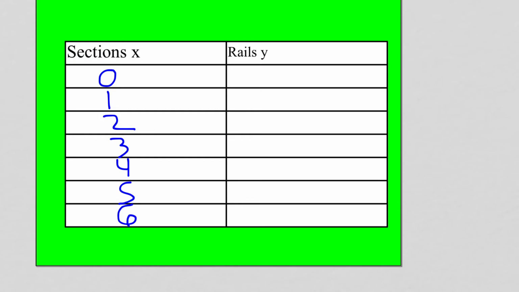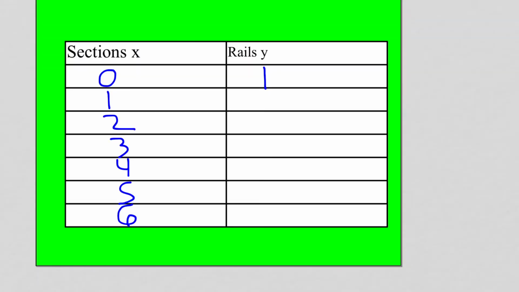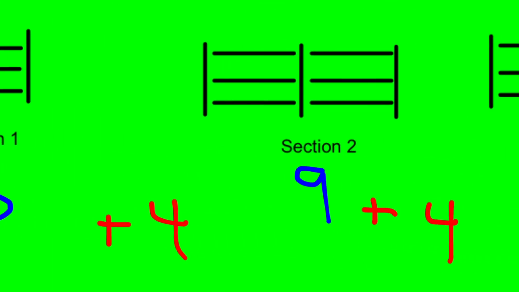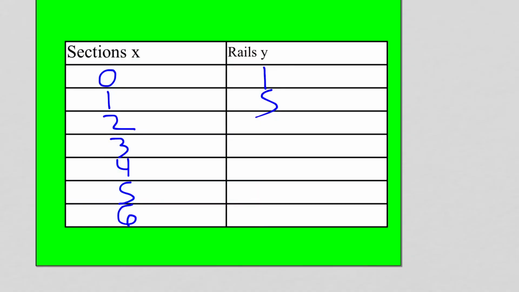So when there were 0 sections, there was actually one post. Then when you completed one section, there was a total of 5 posts. And then when you completed 2 sections, there was a total of 9 posts. And so on. Then 13, then 17, then 21.